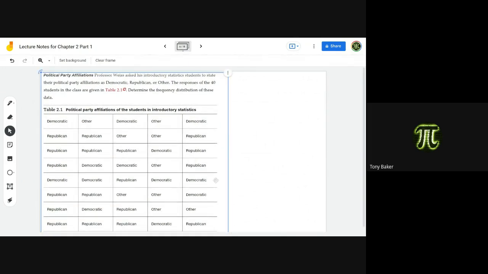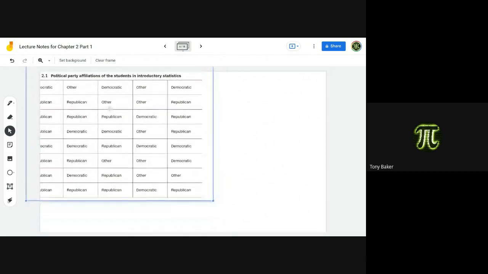So we've got this table for Professor Weiss, which happens to be the guy that wrote the book. So he made himself a professor in the book. He asked his statistics class to state the political party affiliation as Democrat, Republican, or other. The response of 40 students is listed below.